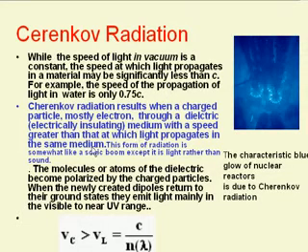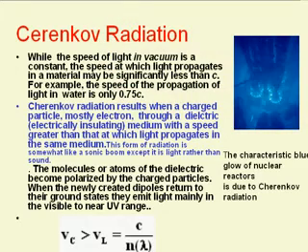When it passes through, for example, water, its velocity decreases and it's only 0.75 c, it's not c anymore. So there could be other particles which have more velocity than this. Please don't get confused here, because no particle has velocity higher than light in vacuum, but in a medium it could be. So when this happens, what's called Cherenkov radiation comes out.